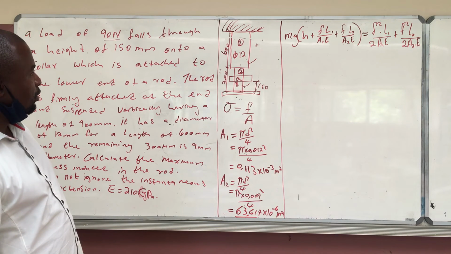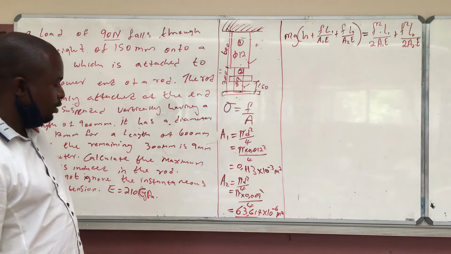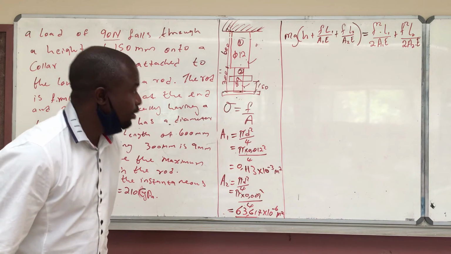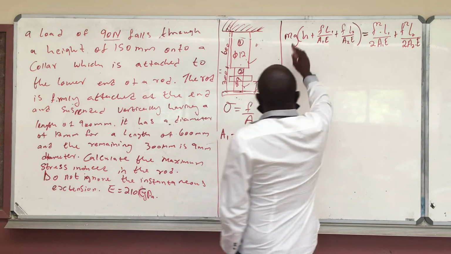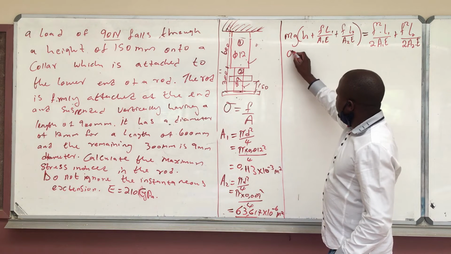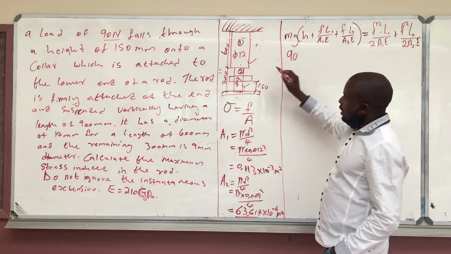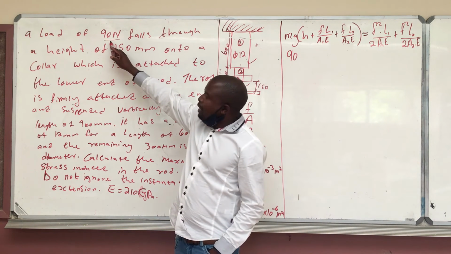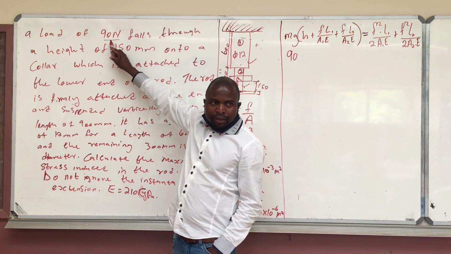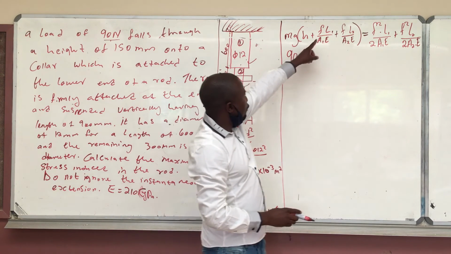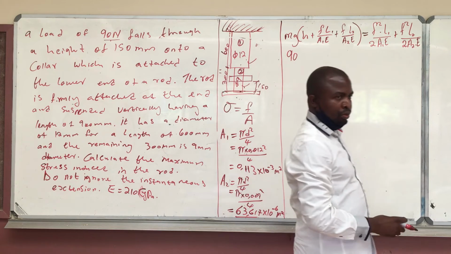What about the length? See it? Oh yeah, we do have the length. So this one, it will be 90. And look here, our weight is in Newton, eh? Meaning the force which we are going to get will be in Newton.